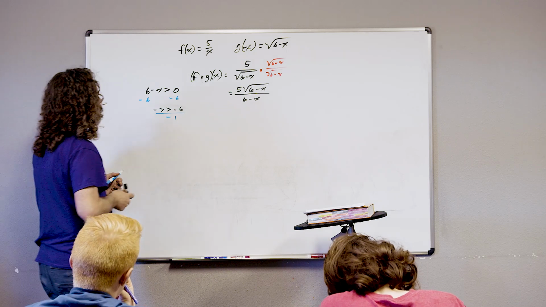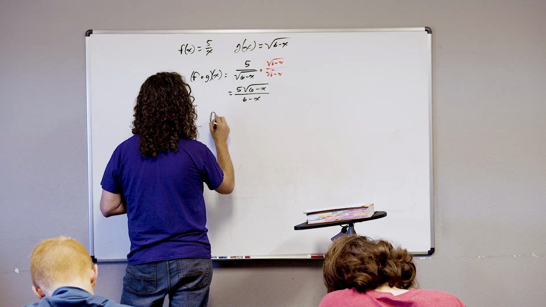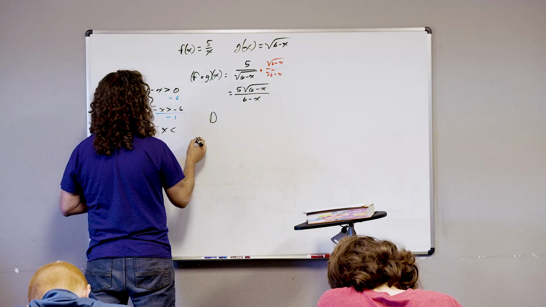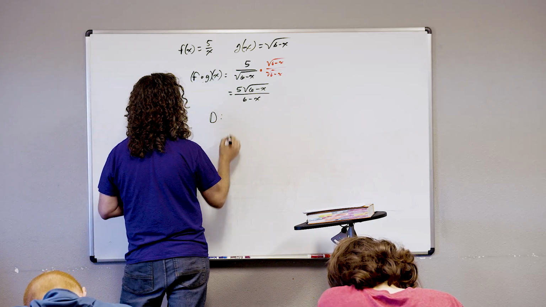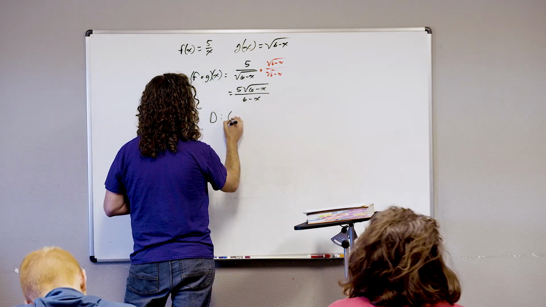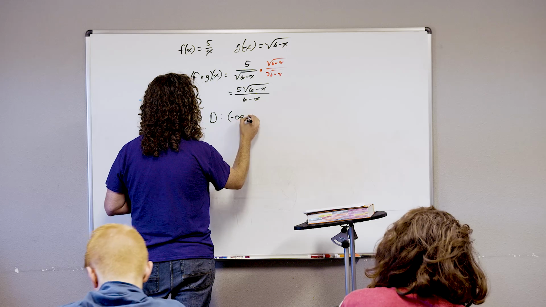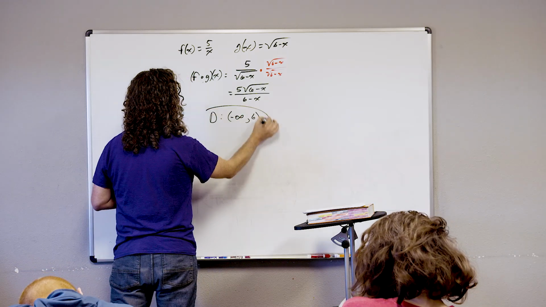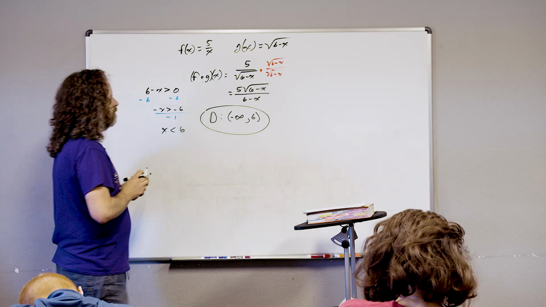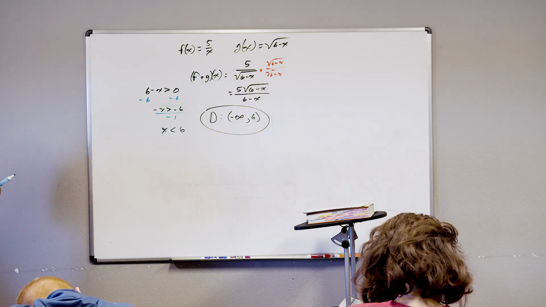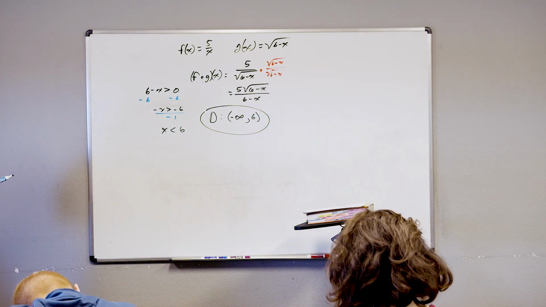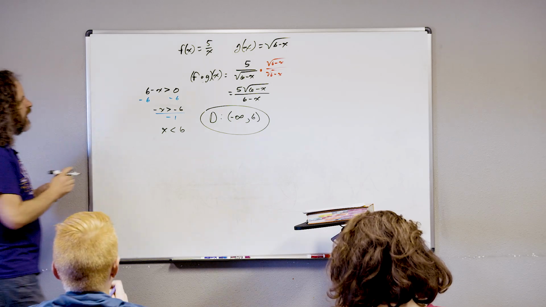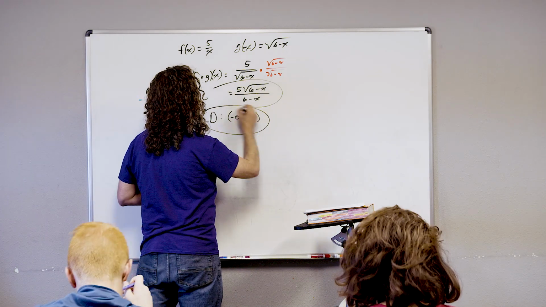The inequality flips, so the domain is x is less than 6. In interval notation, negative infinity to 6, not including the 6, because of the denominator. This and this are the answer.